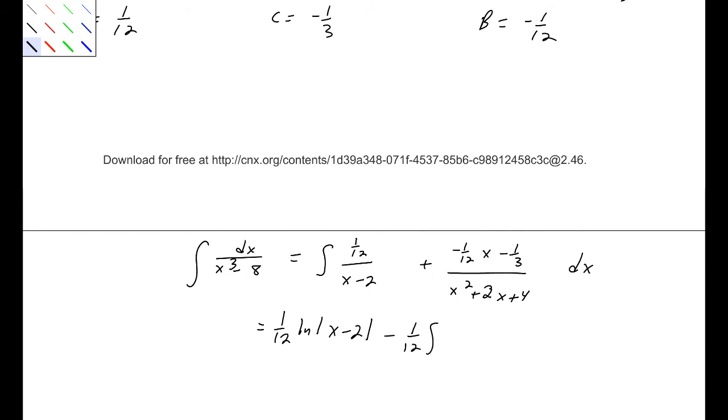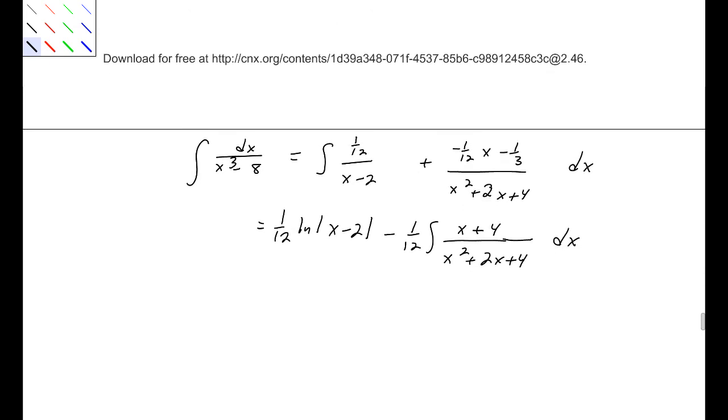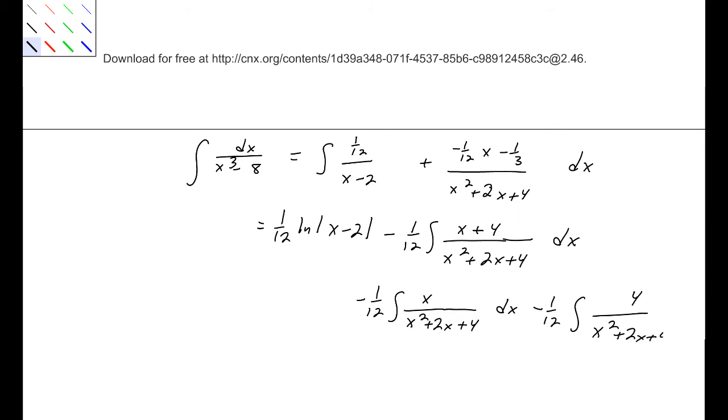Now I have the integral of x plus 4 over x squared plus 2x plus 4 dx. Okay, now the second one we are going to need to split this up just a little, so I'm going to leave this term behind for just a moment. This is minus 1/12 integral of x over x squared plus 2x plus 4 dx minus 1/12 integral of 4 over x squared plus 2x plus 4 dx.